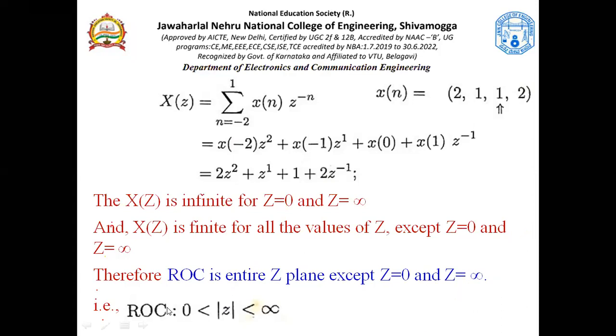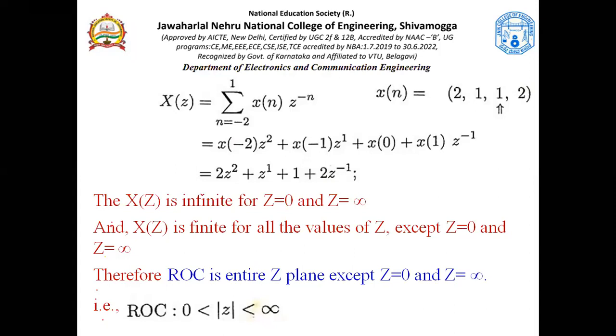So what we have seen till now is we have found out the z transform of finite sequences. How many types of finite sequences have we seen? We have seen three types of finite sequences: right-sided sequence, left-sided sequence, then double-sided sequence.